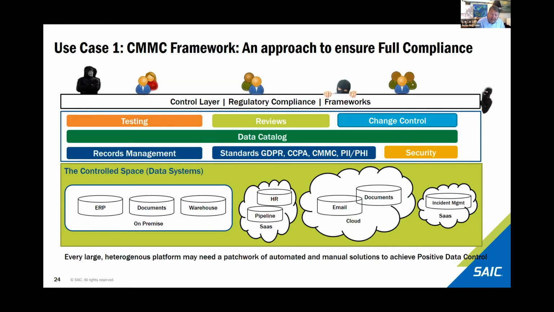This is the Cybersecurity Maturity Model Certification process based upon NIST 800-171 and 172, and some guidance by NARA and the DoD and a few other departments and agencies in the executive branch.